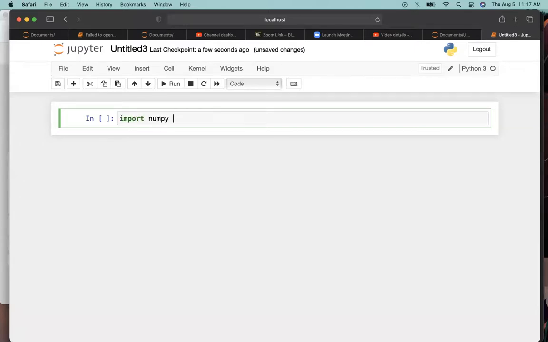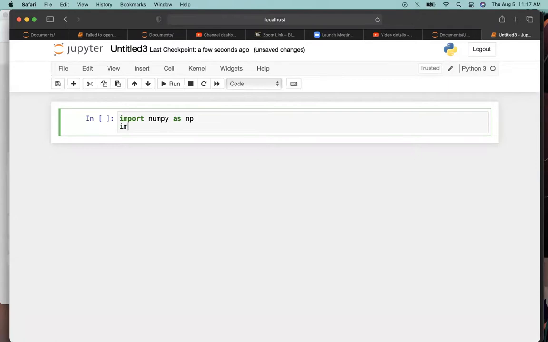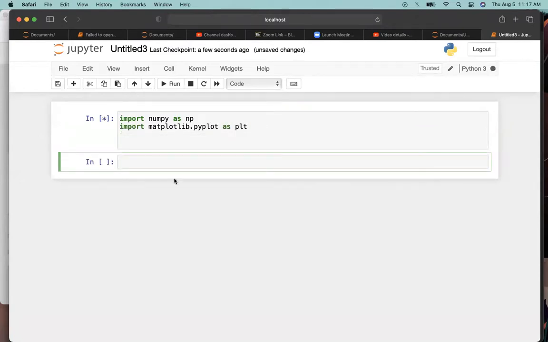All right, so import numpy as np, import matplotlib.pyplot as plt. Okay, so let's do a function that, let's see if I can pick a good one.